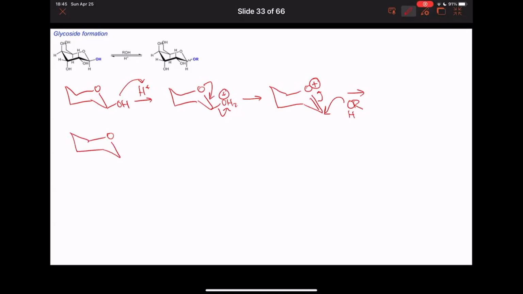When we attack, we draw a squiggly bond because it could go to either side. Then last, you're just going to deprotonate. Again, you can have either your alpha anomer or your beta form, and this is your glycoside.